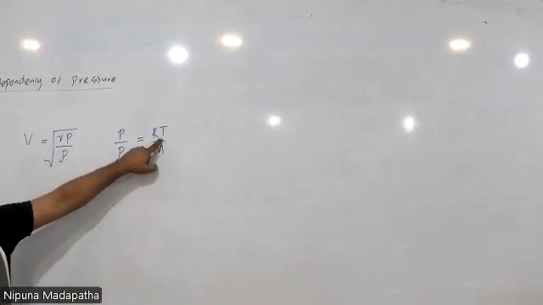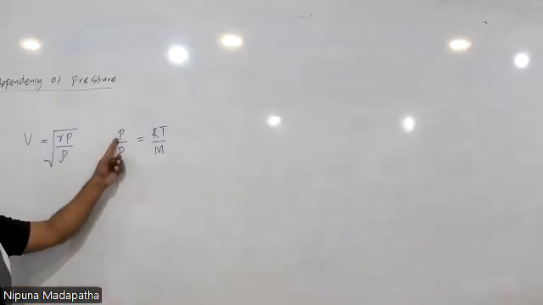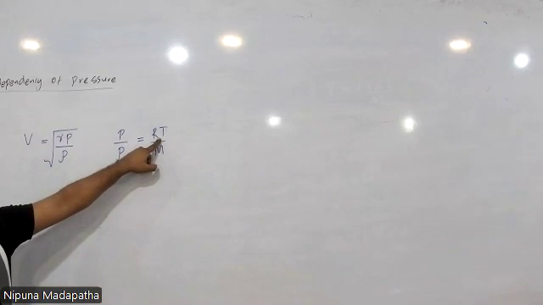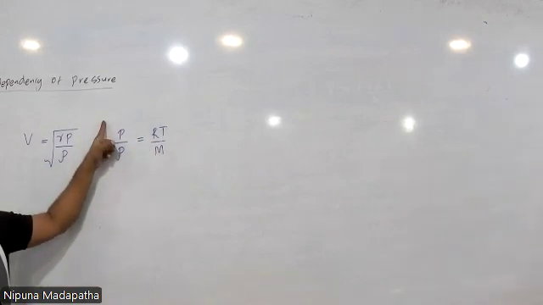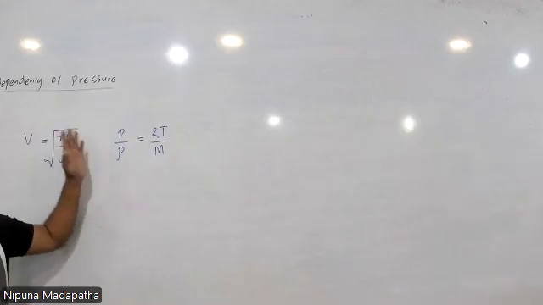So if the temperature is constant, look at here. If the T is constant, this whole term is a constant. That means P over rho is constant. When the temperature is constant, when you increase pressure, what happens? Density also increases.